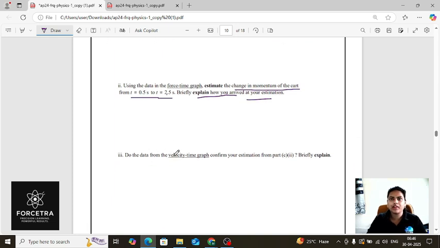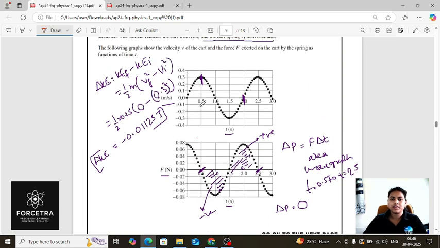Now we take help of the velocity-time graph and confirm our estimation in this part. So delta P is 0 and we have to confirm this from the velocity-time graph as well. Let's see. Between this point and this point, what is the velocity at this point? 0.3.